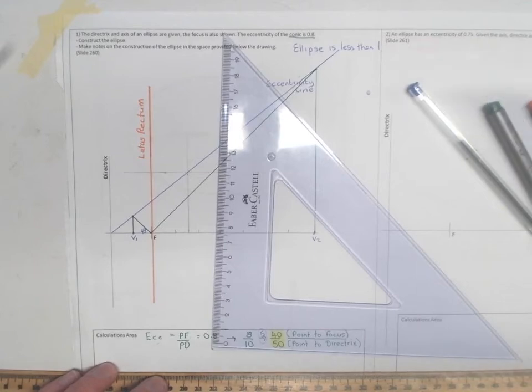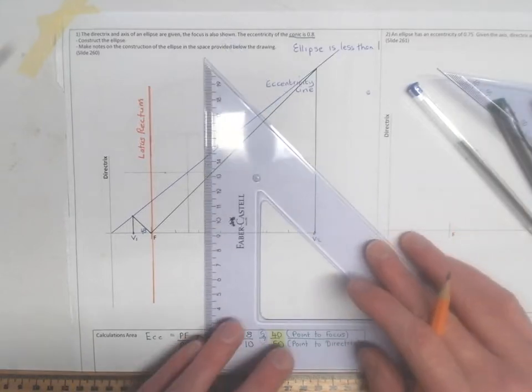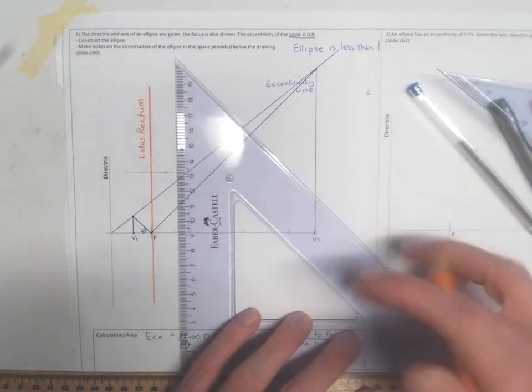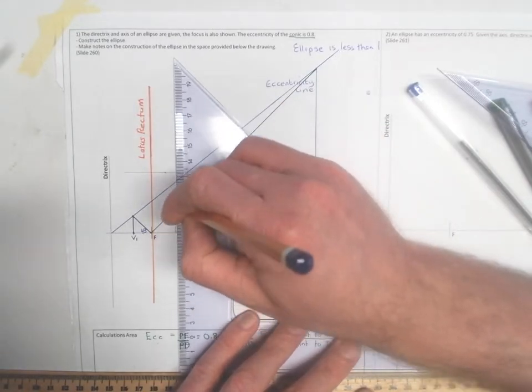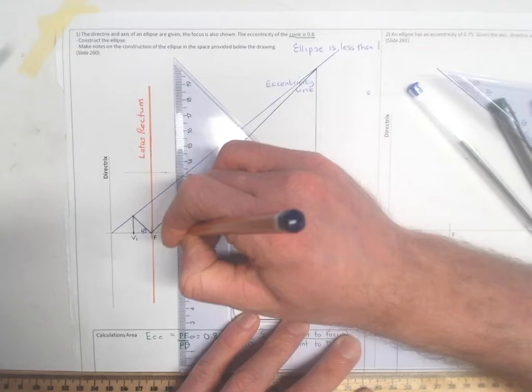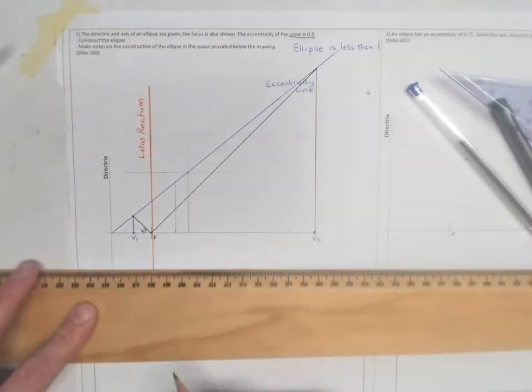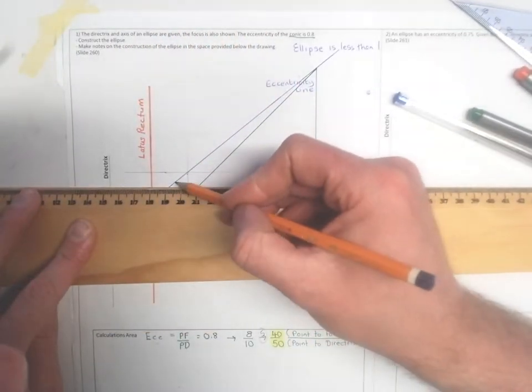How do we find those points? We're going to draw a line up to hit the eccentricity line, up to hit the ECC line. You bring it back to hit the latus rectum.